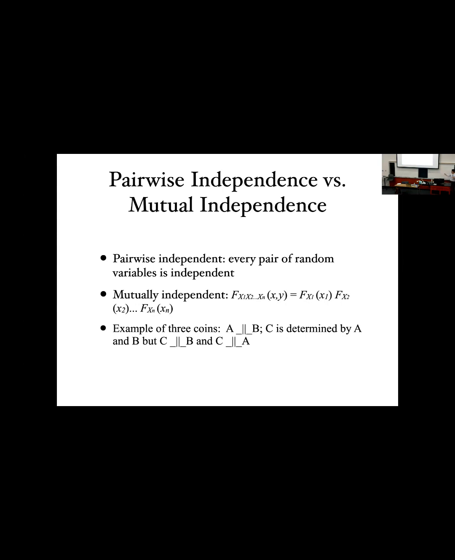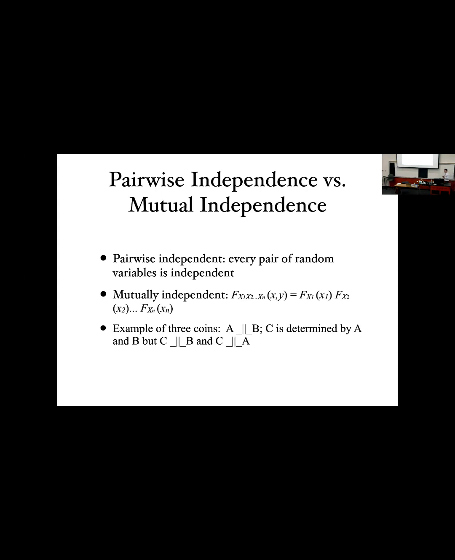Because the conditional distribution of C given A and B will be different from the marginal of C. If I know A and B, I know C. This one is either 1 or 0. This one is 0.5 for each possible value of C. So they are not mutually independent.